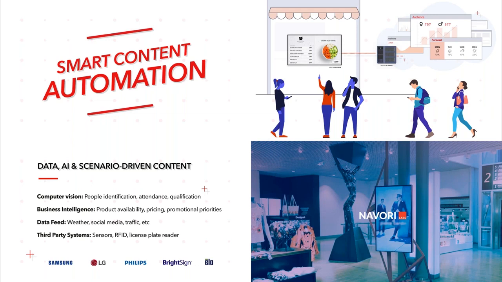Okay, whether you end up using the Navori solution for computer vision or camera vision in your digital signage workspace, you want to always make sure that you are simply not storing personally identifiable information, the names of people, more detailed information about them. So I believe it really comes down to the fact that as long as you are not actively storing personally identifiable information about any of your employees, shoppers, viewers, whatever they might be, then you're going to be in the clear, and there should be absolutely no concern.